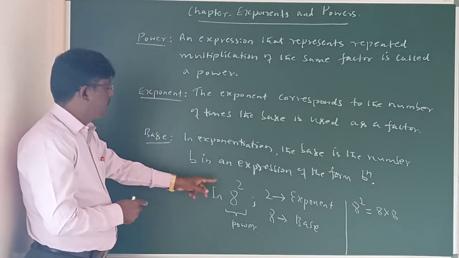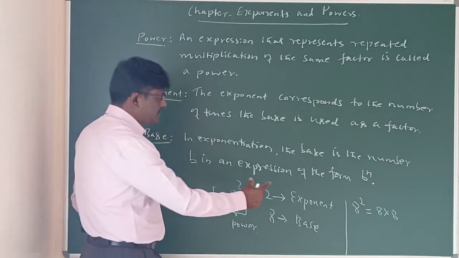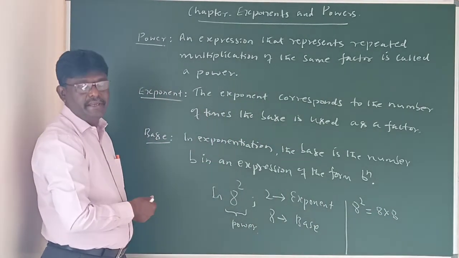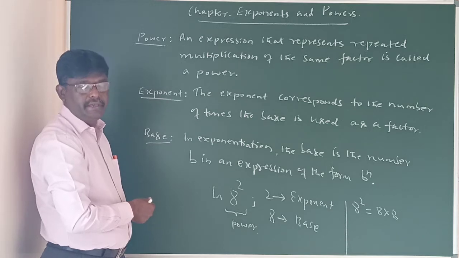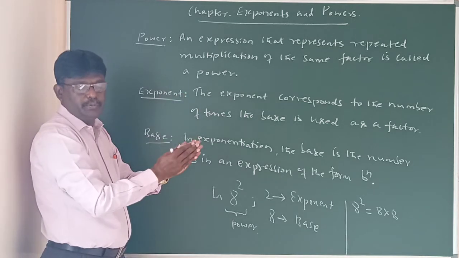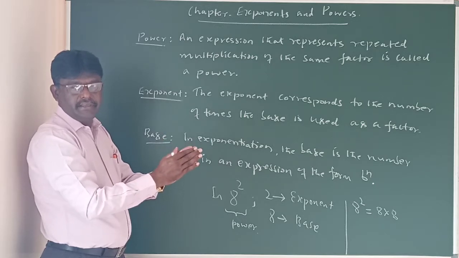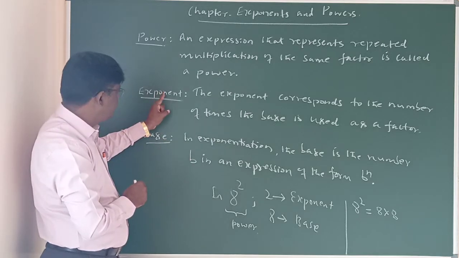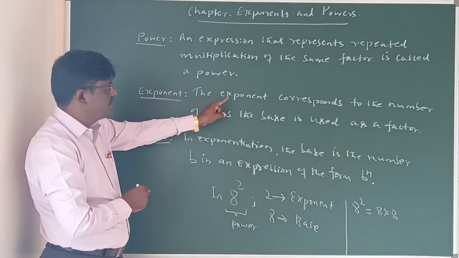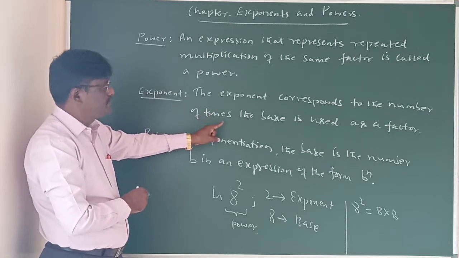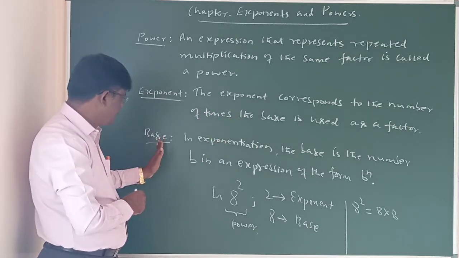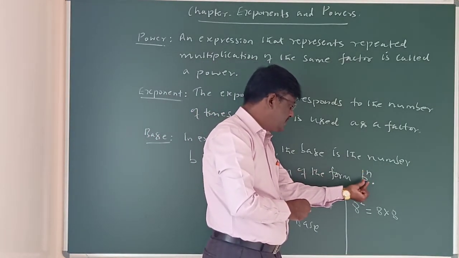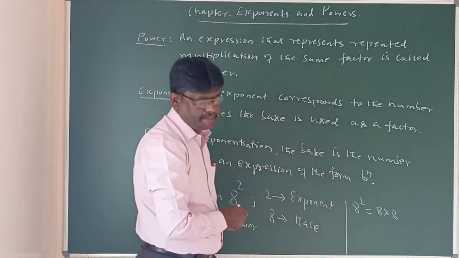An expression that represents repeated multiplication of the same factor, like 8 into 8. If it is a into a into a, that a cube we say power. That a is base. A is repeated how many times? 3 times. That 3 we say exponent. The exponent corresponds to the number of times the base is used as a factor. If any number is expressed as b power n, then this number we say base.